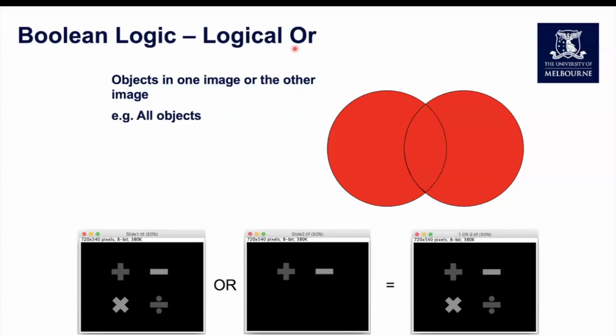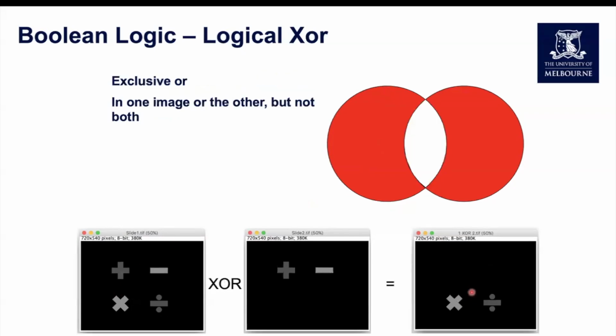If we look at the logical OR, then this is an object which is in one image or the other image, therefore both images. And therefore we have all 4 symbols. If we look at the logical XOR, which is exclusive OR, then we're looking for something that's in one image or the other image, but not in both images. And in this case, we highlight the multiply and divide symbols here.